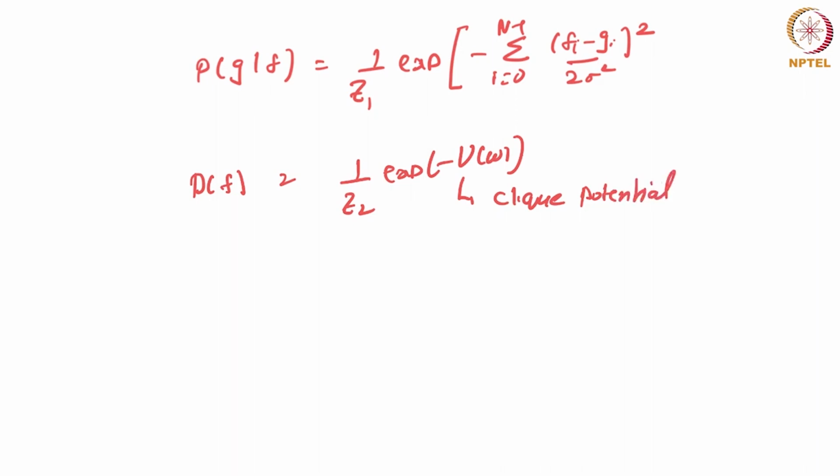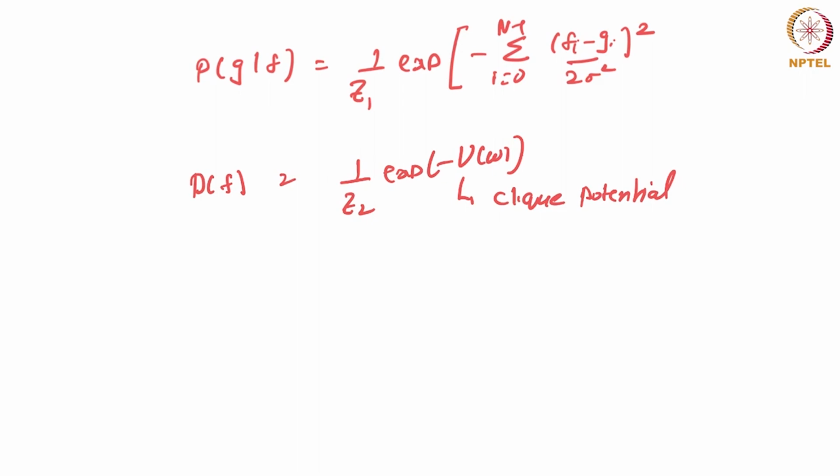A clique potential is basically where you are considering groups of pixels. You can consider a group of pixels, and each of them can be called a clique, and for each group of pixels you define some kind of spatial adjacency, and based on the spatial adjacency you also define these potentials.